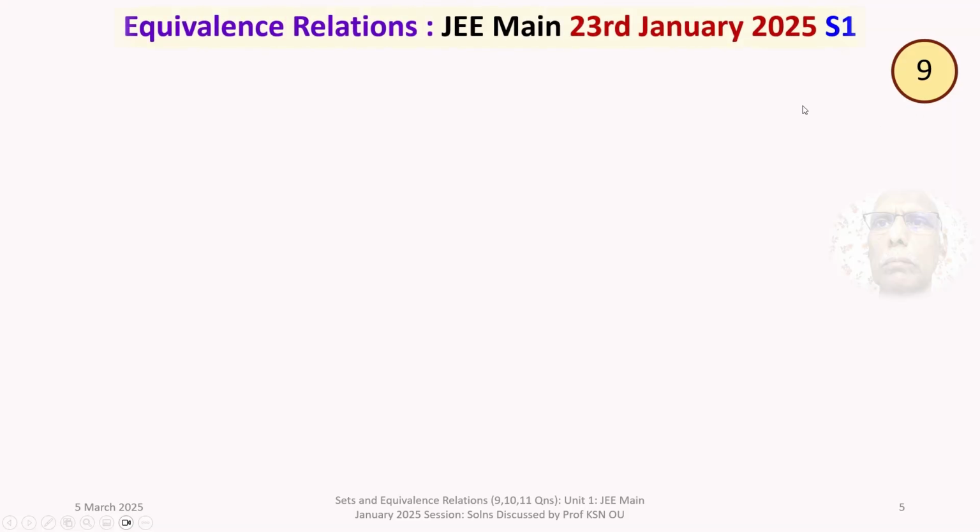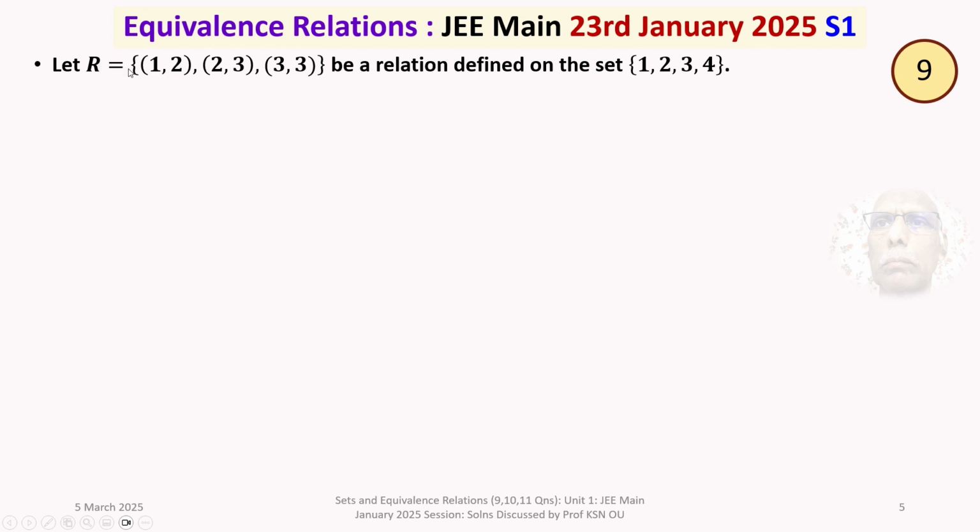Question number 9. This question has appeared in the JEE Main 23rd January 2025 in the morning shift. It is related to equivalence relations. The given question is, let R be the set consisting of 3 ordered pairs 1 comma 2, 2 comma 3, 3 comma 3, a relation defined on the set consisting of 4 elements 1, 2, 3, 4.